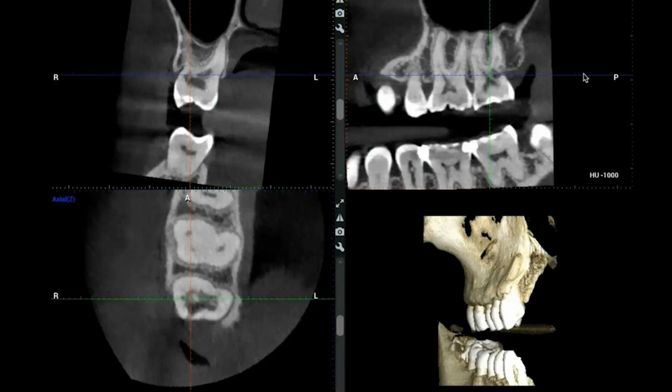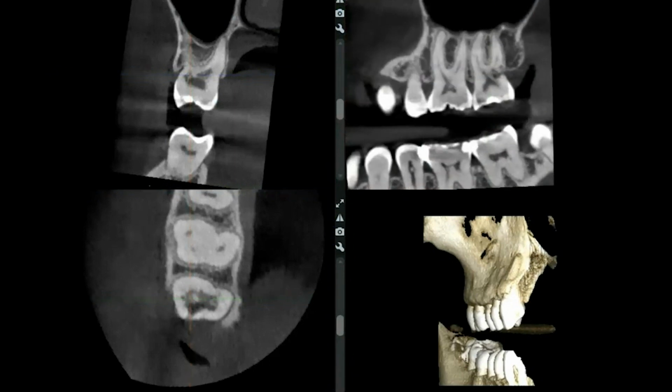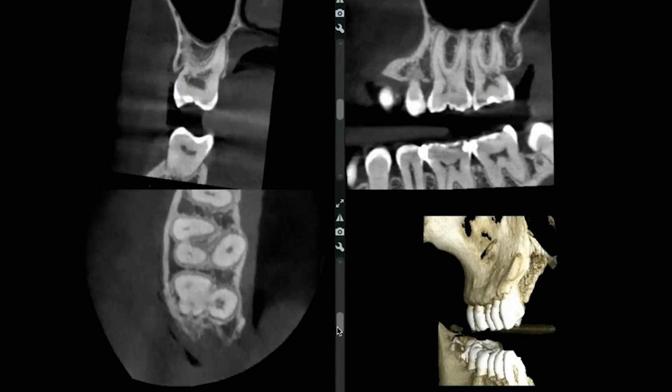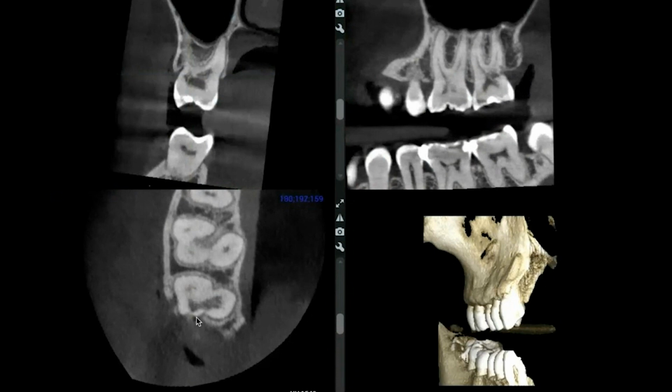We took a CBCT in this case, and we can actually see how extensive that resorptive defect is. Taking a CBCT not only helps us evaluate how severe the resorption is, it can also help us determine when we can and cannot treat these resorptive defects.